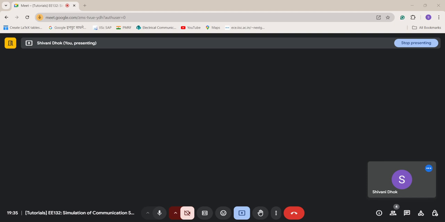Now we have Y, and this is the received signal. Now we need to do ML decoding, that is minimum distance decoding.